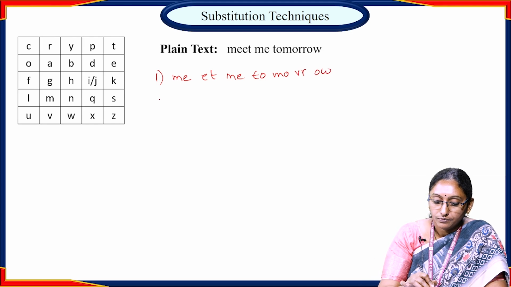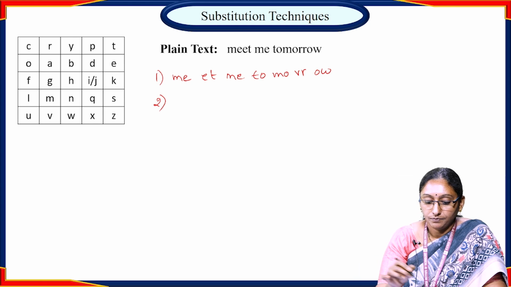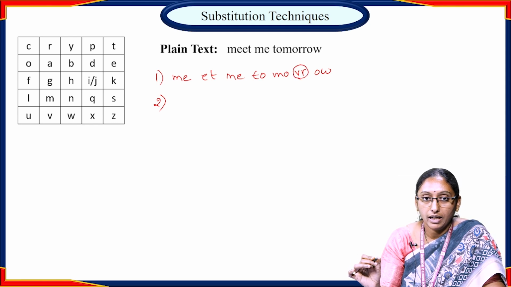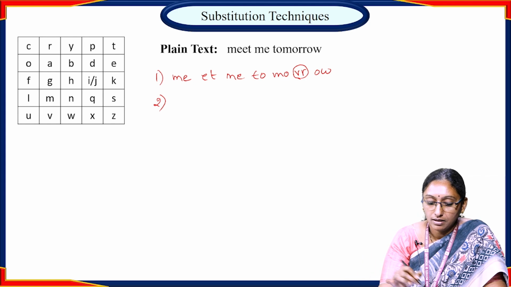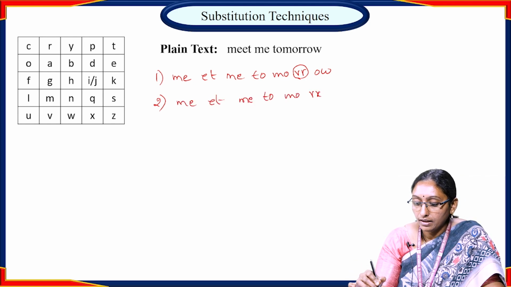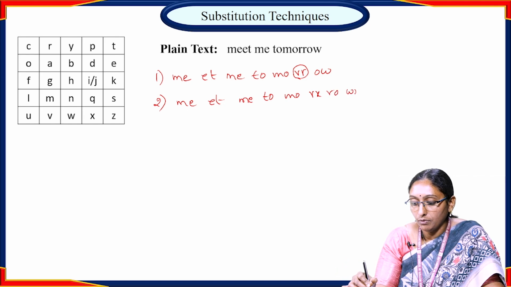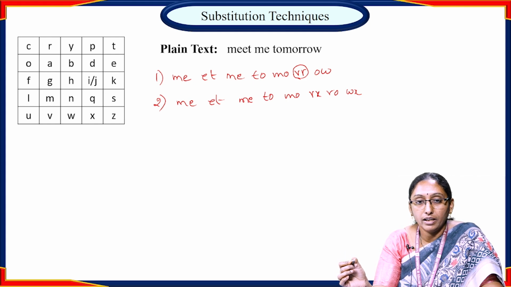If any block contains the same letters, then we need to separate those letters by inserting a filler letter X. Here RR is a block with the same letters, so it becomes RX, and the second R pairs with the next letter O. A single letter remains, so that will be filled with the filler letter X.